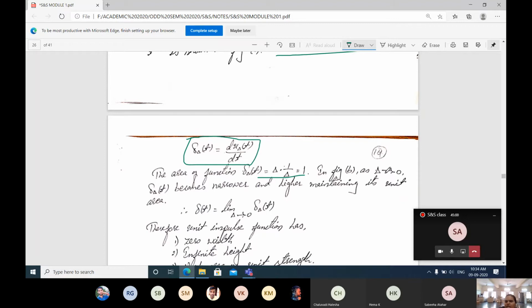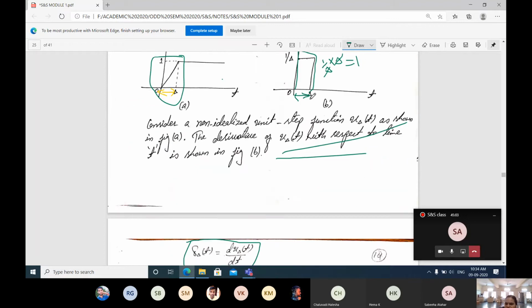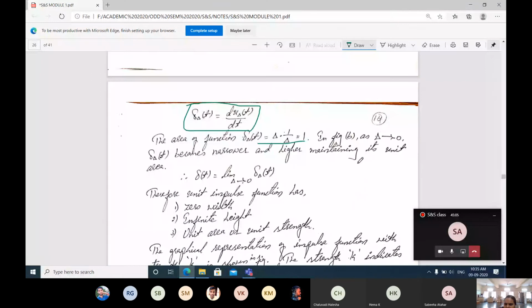As delta reaches 0, I will draw here. As delta reaches 0, what happens? Instead of at the position here, it will come here, and coming, it's changing the shift operation, and then it will be near the 0th position.